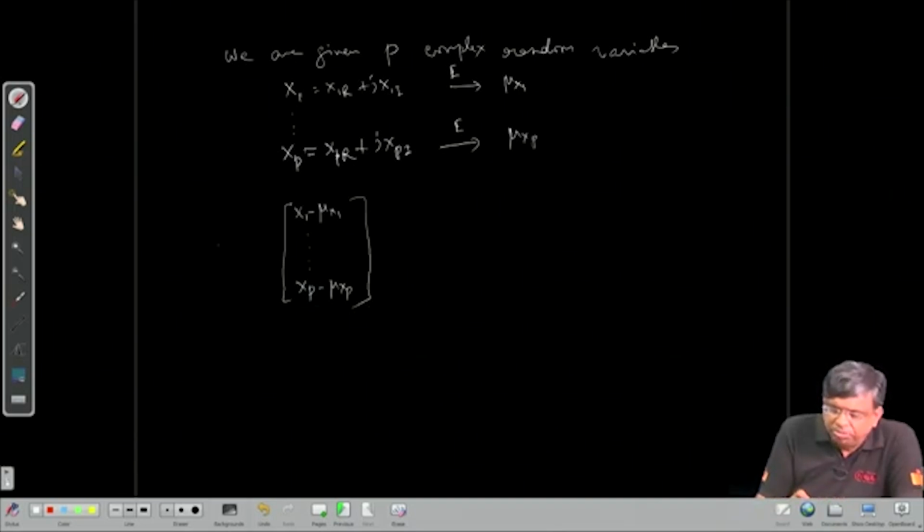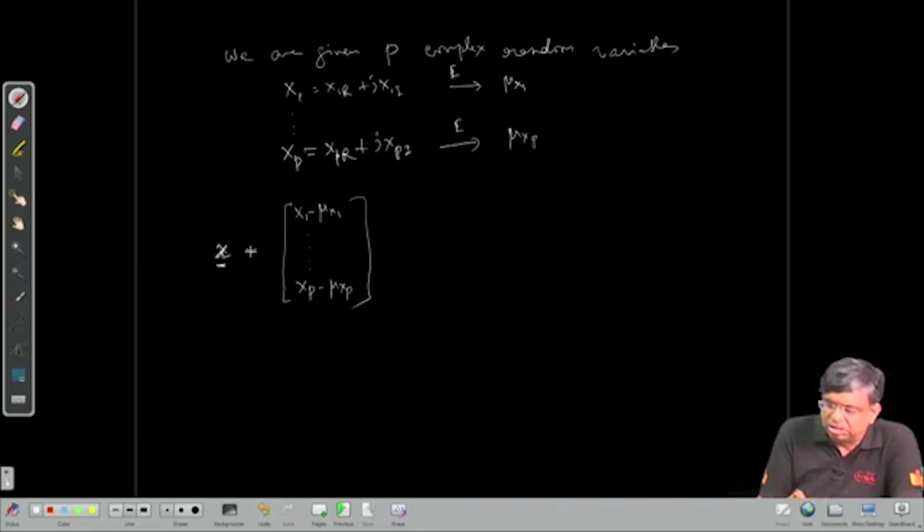Okay, let me give it a name, x. Any column vector will be an underscore lowercase letter. Any matrix will be an underscore uppercase letter. And if it is not underscore, it will be a scalar, whether lowercase or uppercase doesn't matter. But underscore means either a vector when it is lowercase or a matrix when it is uppercase.